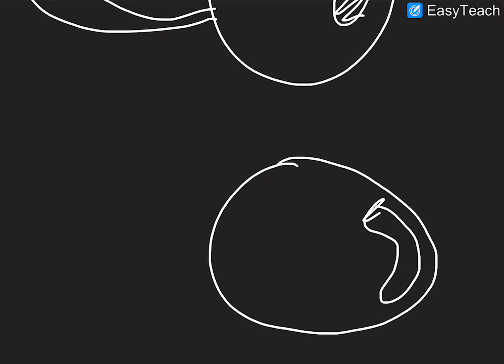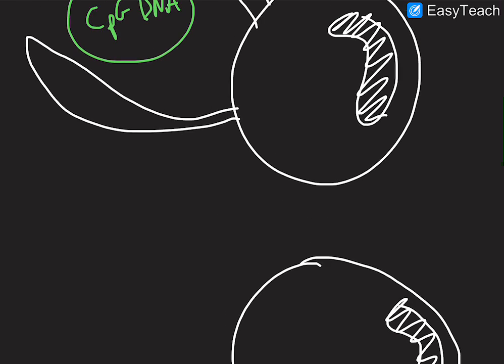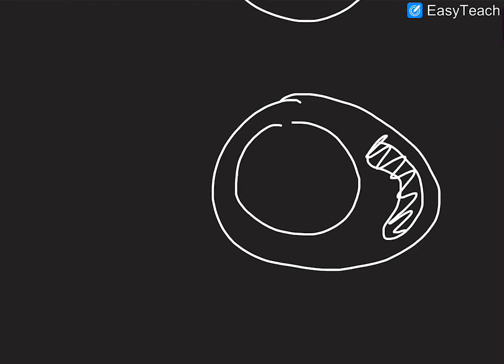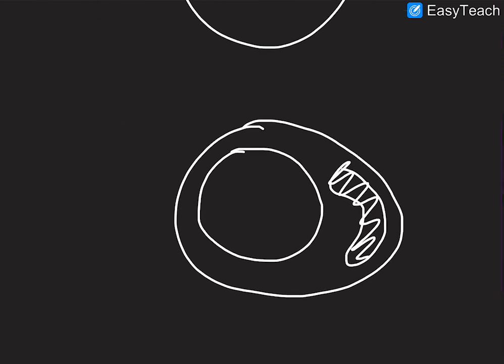So we'll have a phagosome or an endosome here, and then our virus here with our CpG DNA inside of it.